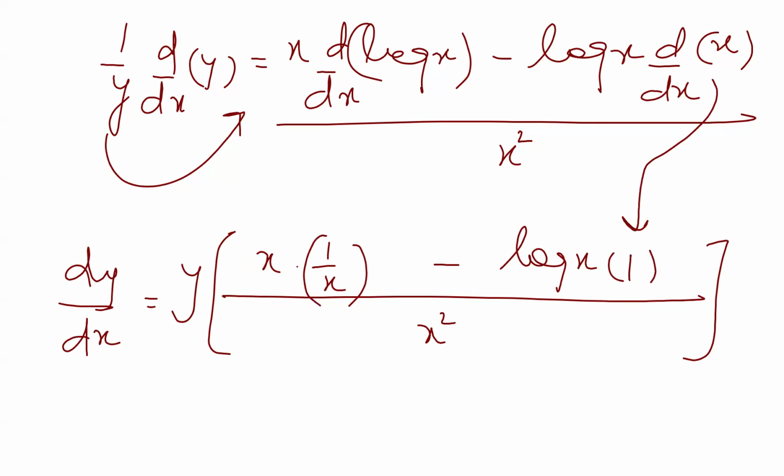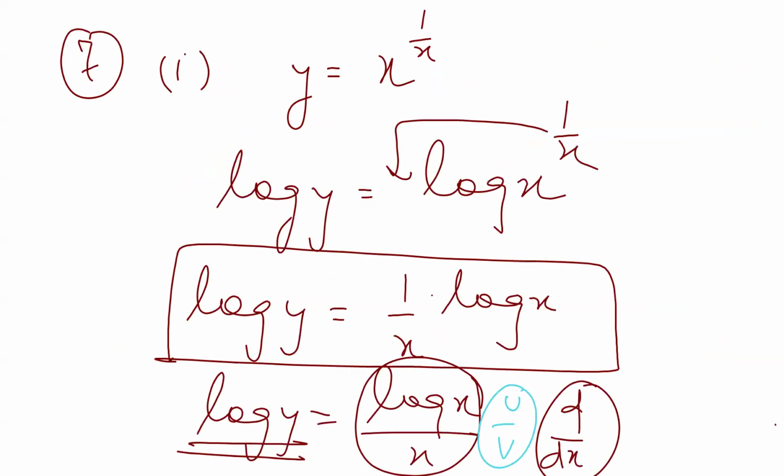So this x and this x will get cancelled. Put the value of y from the problem. Just let me check what is y. y is x raised to 1 upon x.